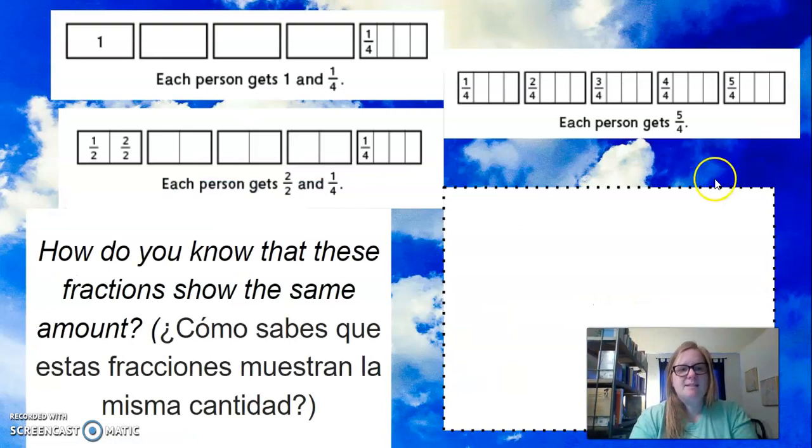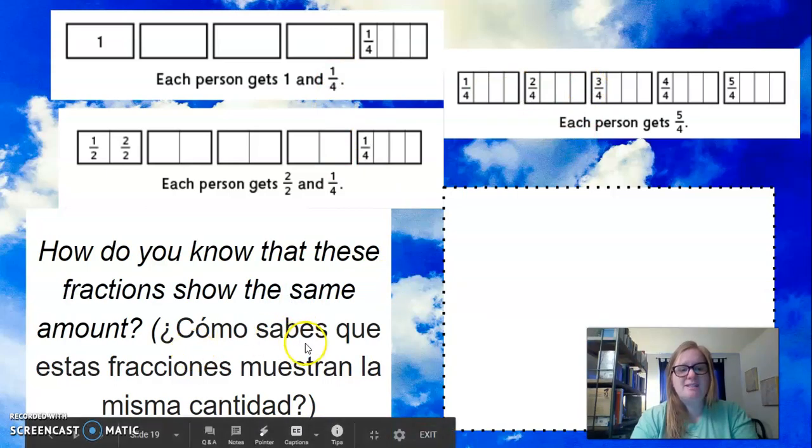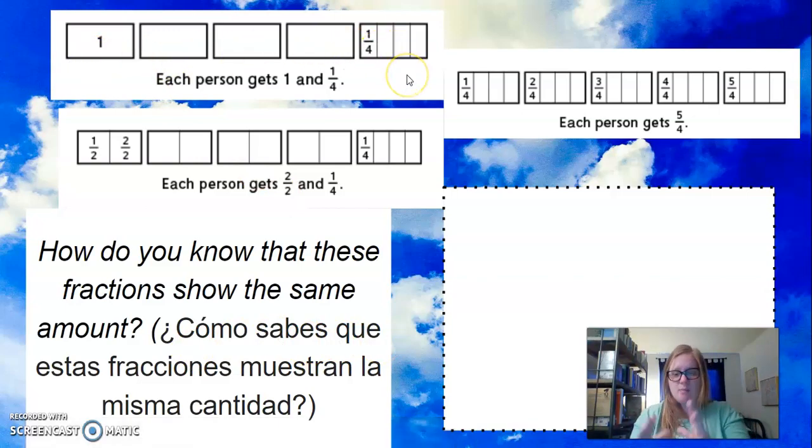Now, take a look at each of these, right? How do you know that these fractions show the same amount? Well, each one was separated out in a different way. And even how you might have solved this could have been separated out in a different way. But all of these are going to be equal because 2 halves is basically a whole, right?